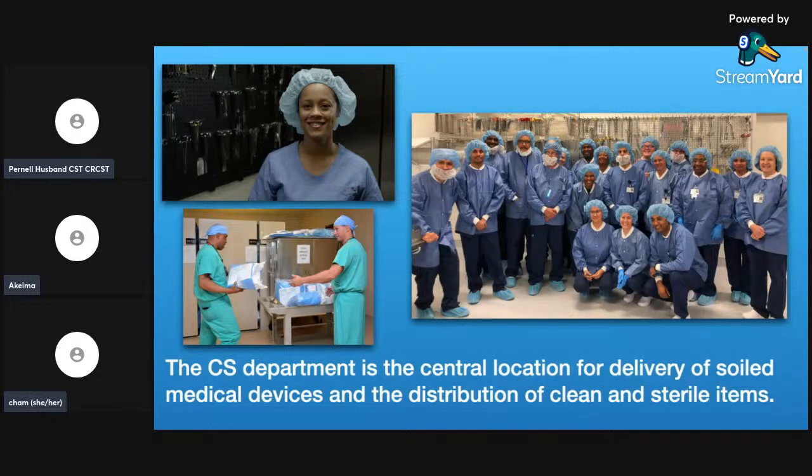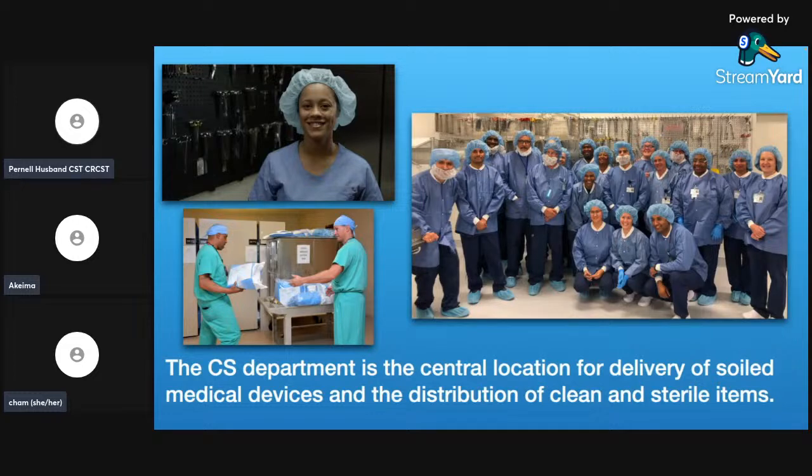The CS department is the central location for delivery of soiled medical devices and the distribution of clean and sterile items. If the items were used on patients, whether instruments, supplies, or equipment, and they're now soiled, there's one collection point in the hospital.